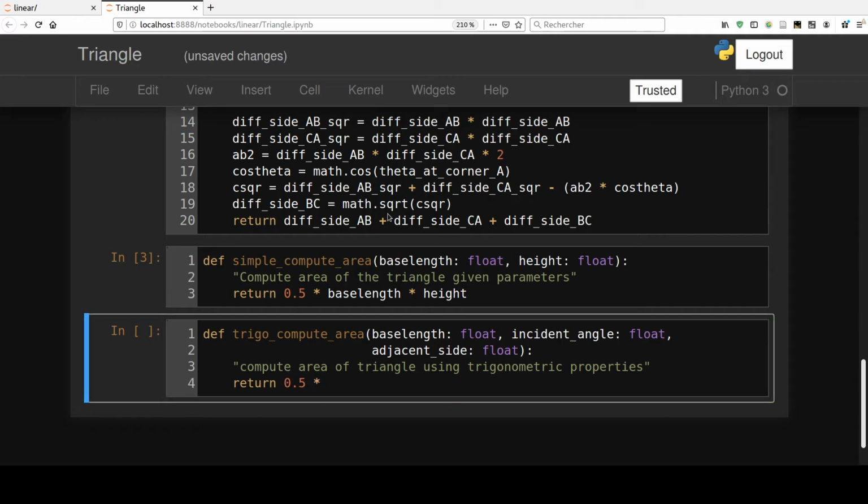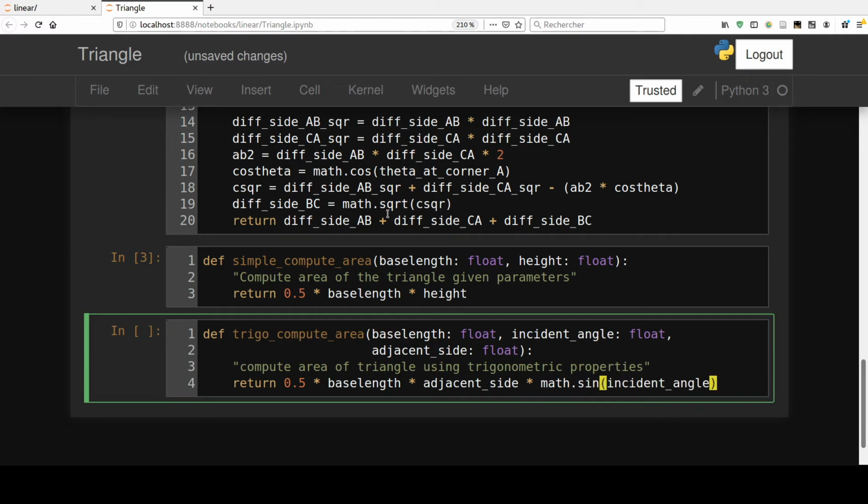We just now, instead of using the height, use the sin of the angle. So again, base length times the adjacent side times sin incident angle.